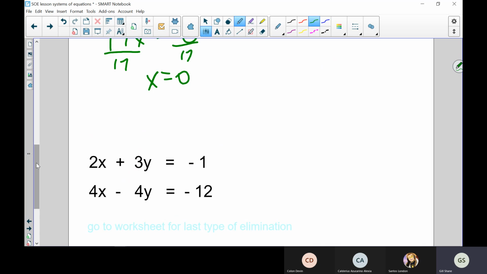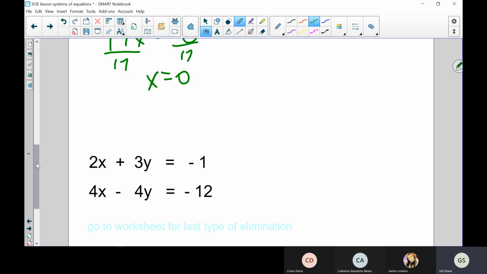Right now, does anybody see an easy way to change one of the equations so that one of the numbers in front of one of the variables will match up? I want them to be the same number. 2 and 2 is 4. So 4 and 2 look like there's some kind of relationship there. I can multiply a number times 2 and get 4, right?